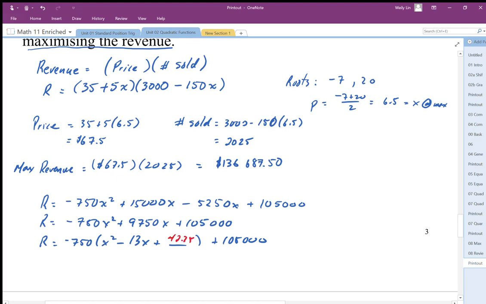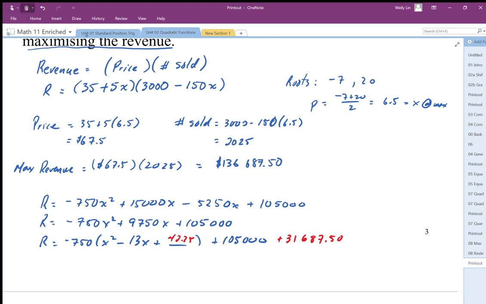Times that by 750, so I'm going to have to make sure I add $31,687.50. This is 105,000 here, so when we combine that together, we end up with the 136,000 that we wanted here.